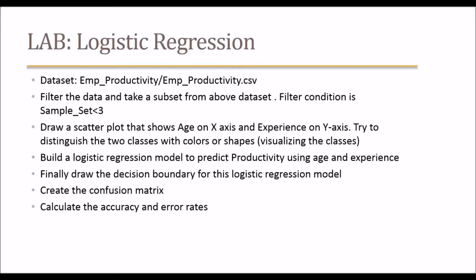Build a logistic regression model to predict productivity using two variables, age and experience. Finally, draw the decision boundary for the logistic regression model, create the confusion matrix, and calculate the accuracy and error rates. Let us see how we do that.